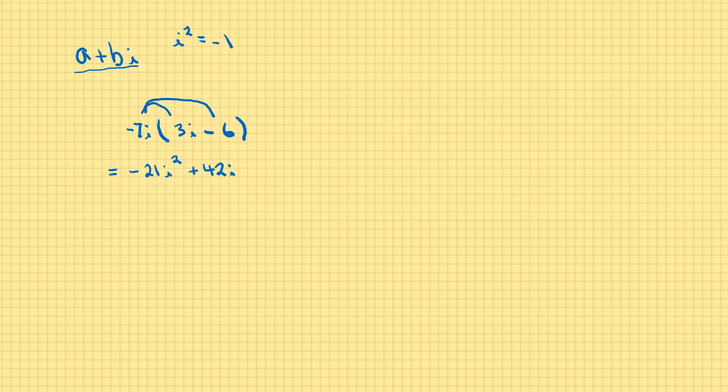Well, that's because there's some simplifying we can do. See here we have i squared. Now i squared is equal to -1, so I'm going to replace i squared with -1. So we have equals -21 times, I'll put in parentheses, -1 plus 42i.